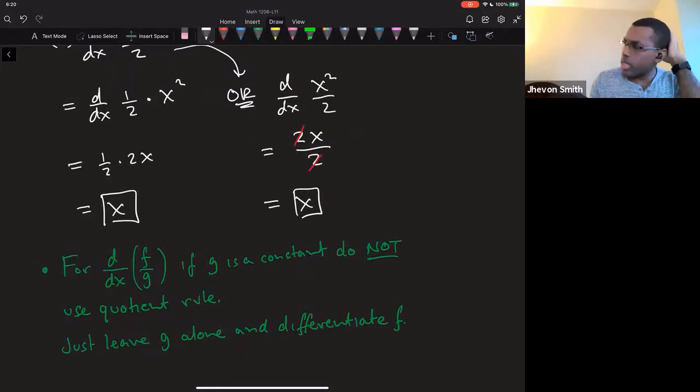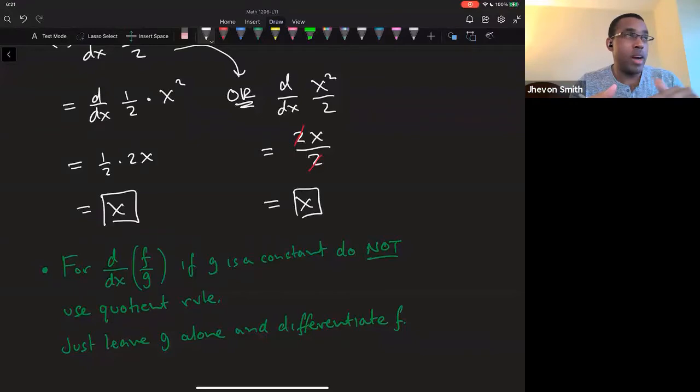So it turns out that the quotient rule and the product rule are not like the chain rule. There are many instances where you don't have to use them, even though technically you can. And usually that's when one of the factors is a constant. So if you have f times g, and maybe f is a constant, you don't need the product rule because you already have the constant factor. You just leave the constant alone, differentiate the function.